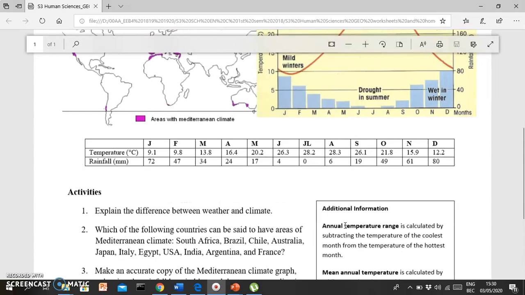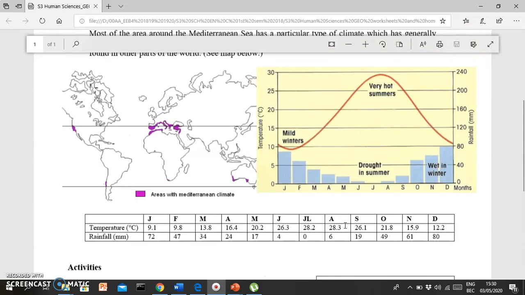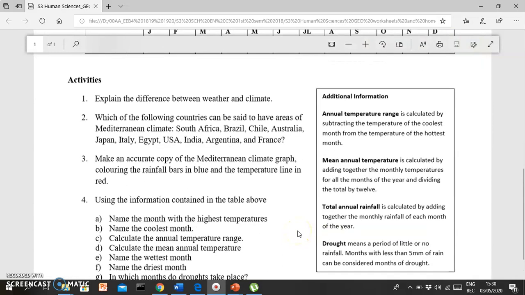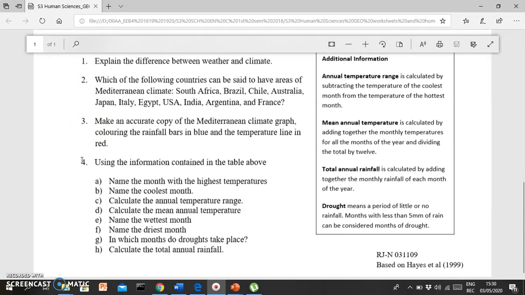So I hope that is clear. Now, just to be perfectly clear, for our purposes, you can ignore questions 1, 2, and 3. The only thing that you need to pay attention to is item number 4 and all the questions here.